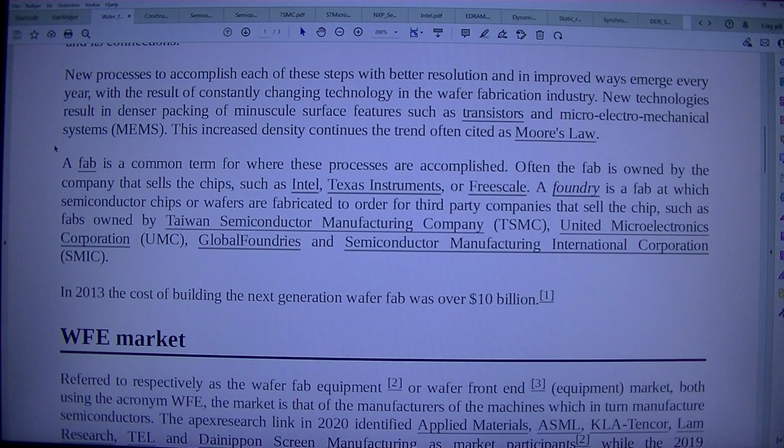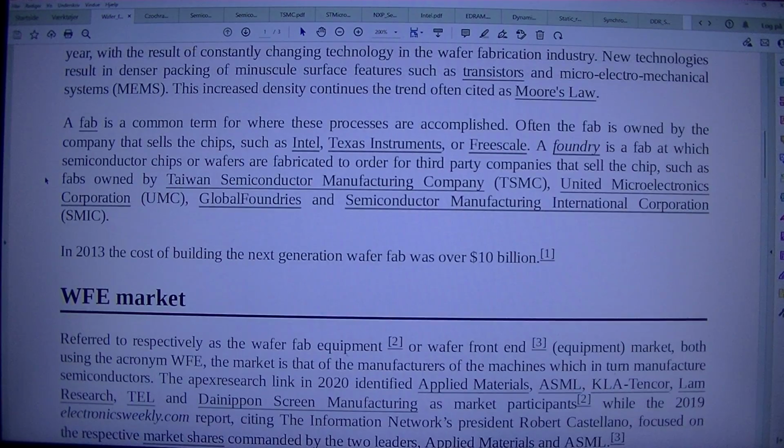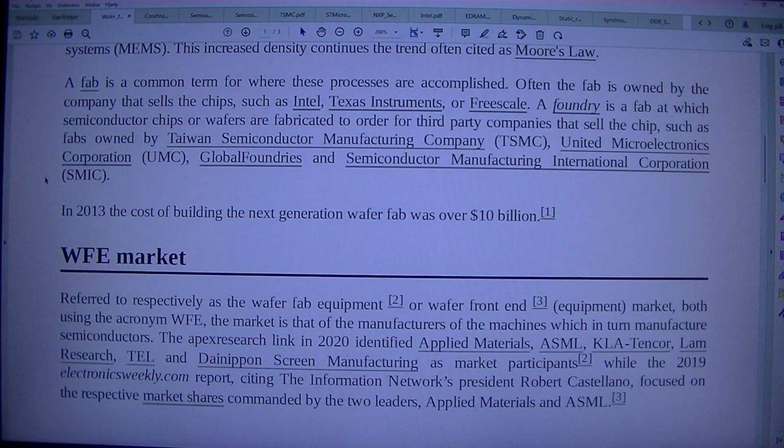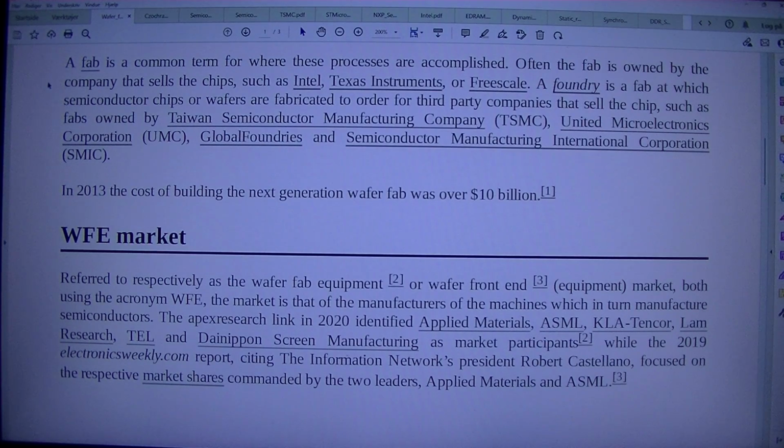A fab is a common term for where these processes are accomplished. Often the fab is owned by the company that sells the chips, such as Intel, Texas Instruments, or Freescale.